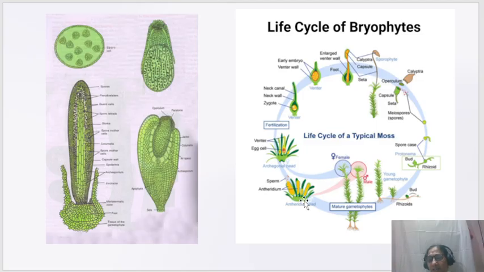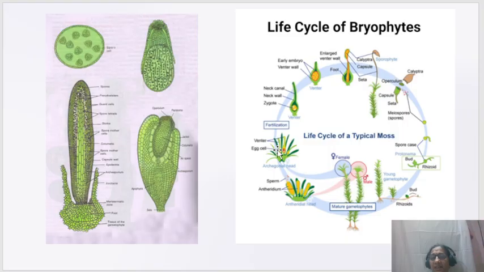The antheridia will produce the motile, biflagellated sperms, and the archegonia consist of a neck canal, venter canal cells, and the egg cell. The sperm will come to the egg cell and fertilization takes place.